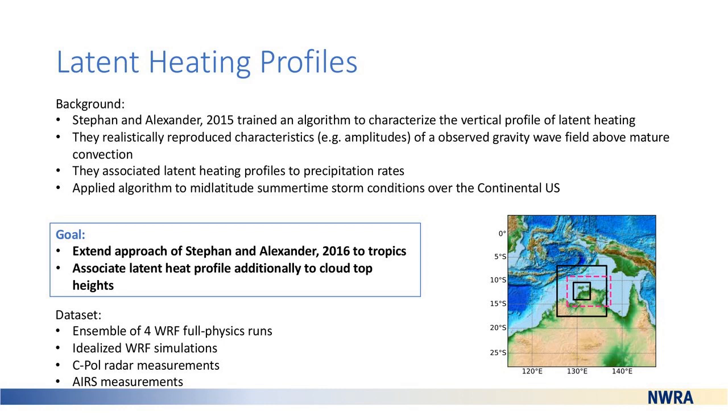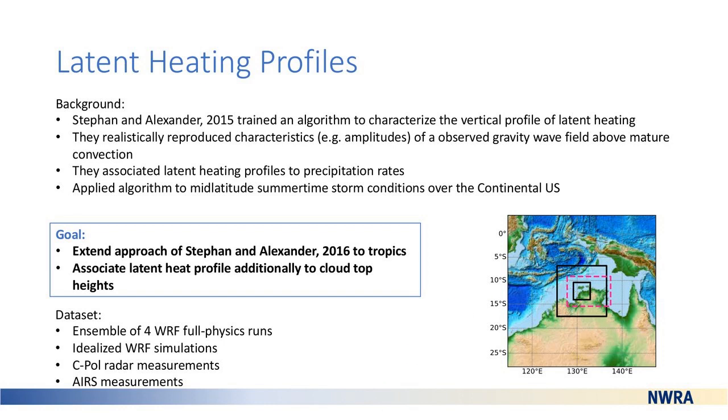And then we use C-Pol radar measurements in Australia to initialize the idealized WRF simulations, and EOS measurements are used to validate the gravity wave field which is generated by the idealized WRF simulations. The map on the right-hand side shows the model domain, three model domains. We use two nests, and the latent heating profiles are associated to the echo top heights and the rain rates in the innermost domain, which has a resolution of about 2 kilometers.